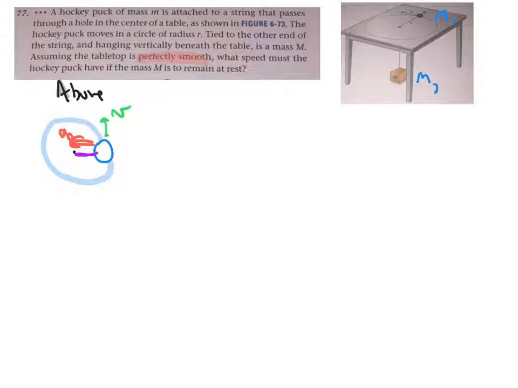If we viewed instead from the side, then we would have the puck, which would look something like this, and there would be a tension pulling it that way, and of course there would be gravity pulling it down, and the normal pulling it up. I'm going to replace gravity with what we know it's equal to, which in this case is m1g.